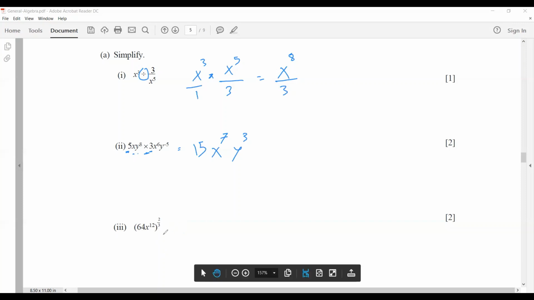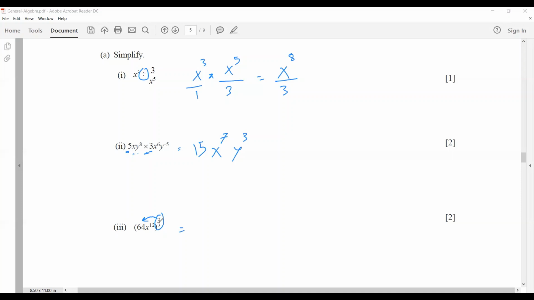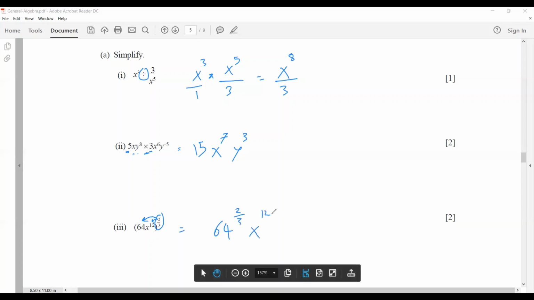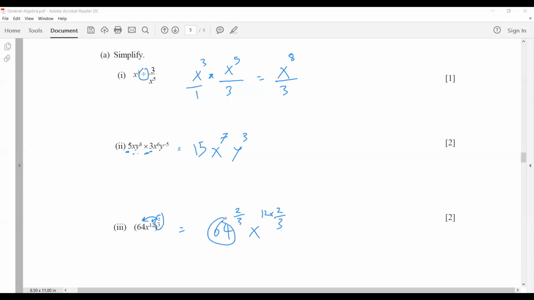This one is a fractional indices question. So all you need to do is to apply this. There are a few ways you can approach this, but I actually would rather expand this by applying this index to each term inside the bracket. So we have 64 to the power of 2 over 3, and then x to the 12 times 2 over 3. And this 64 can be rewritten as 4 to the power of 3, right?